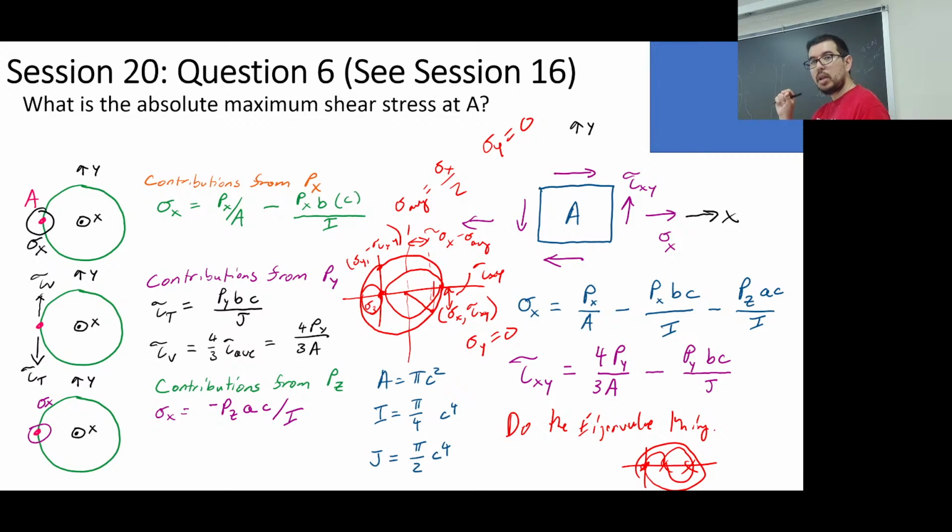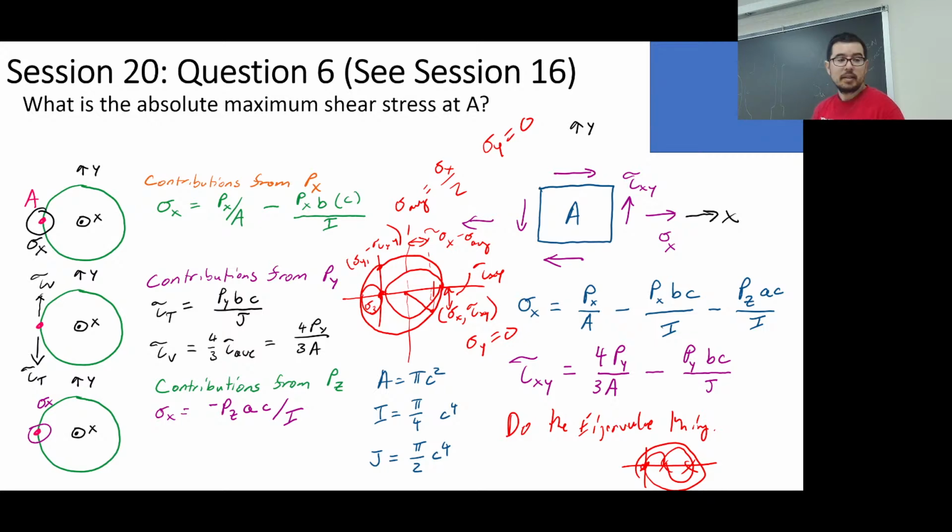Then I can plot that coordinate point based on my sigma x and my tau xy, not even using a circle. And remember, if I go 180 degrees on a Mohr circle, that's like going 90 degrees, and sigma y was equal to 0, so sigma y has to be on the vertical axis.